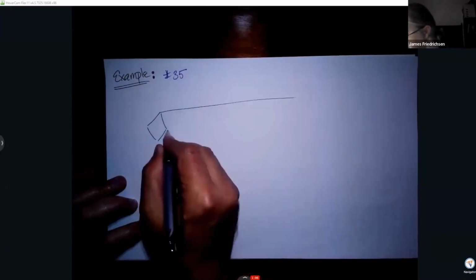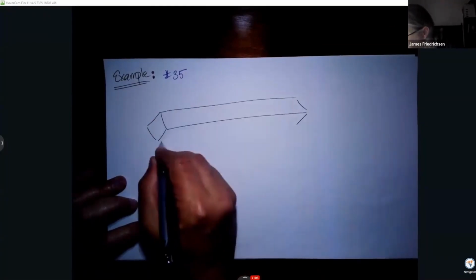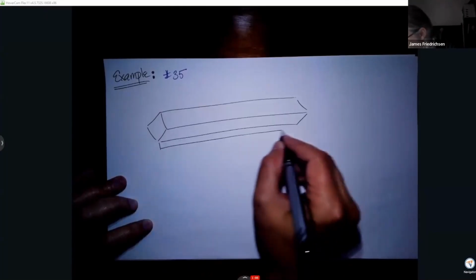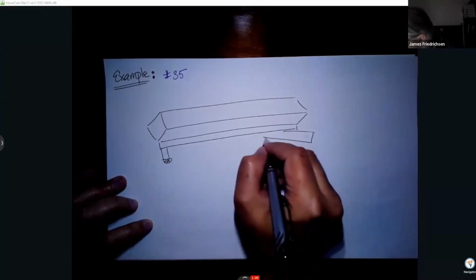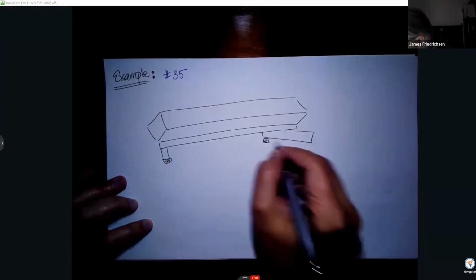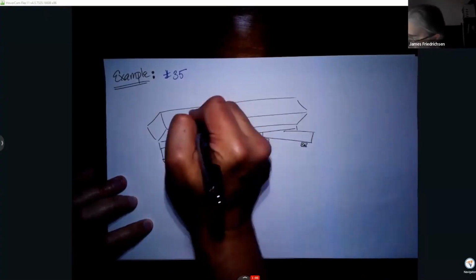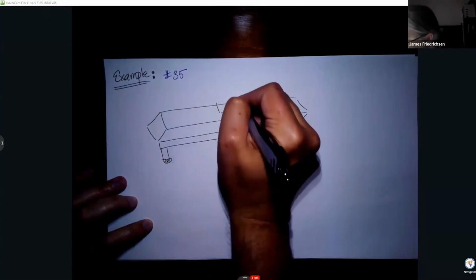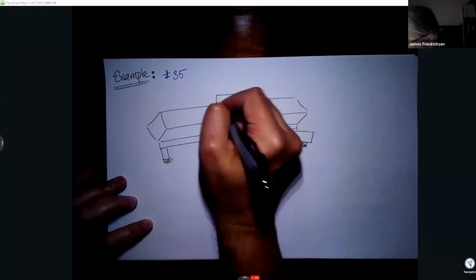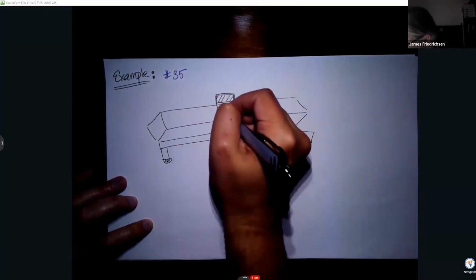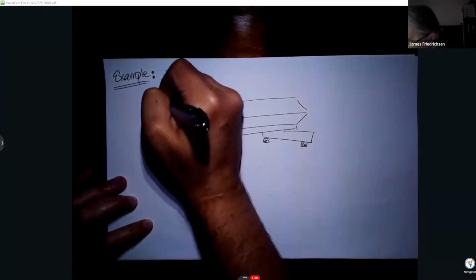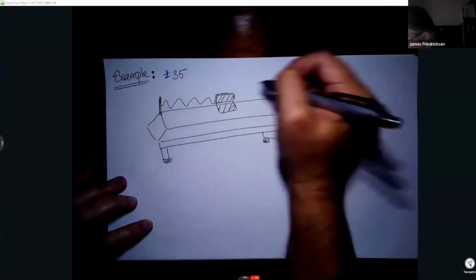Okay, so we have a little air track, a little glider attached to the spring.